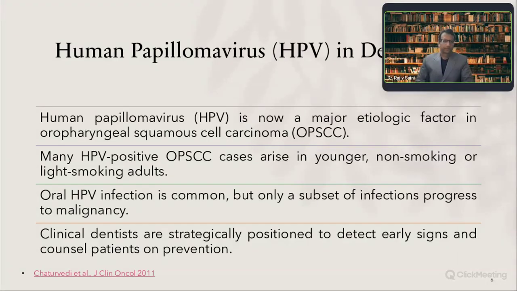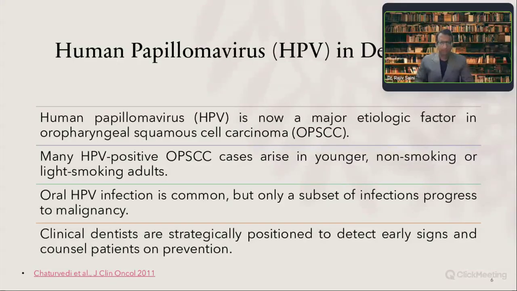So let's begin. Human papillomavirus, or HPV, is now a major etiological factor in oropharyngeal squamous cell carcinoma. Many HPV-positive squamous cell carcinomas arise in young, non-smoking, or you can say very lightly smoking adults.